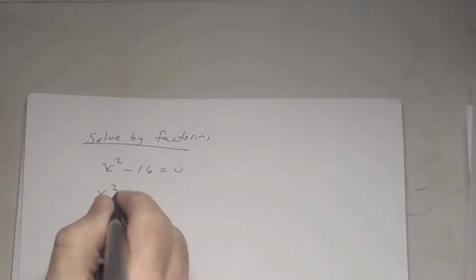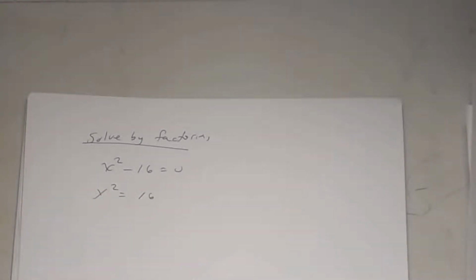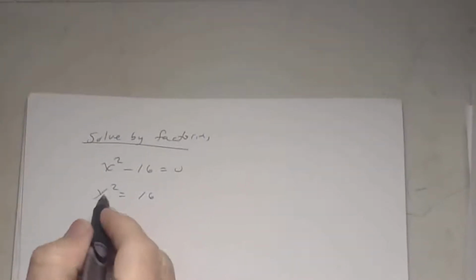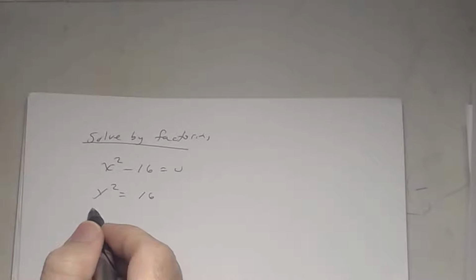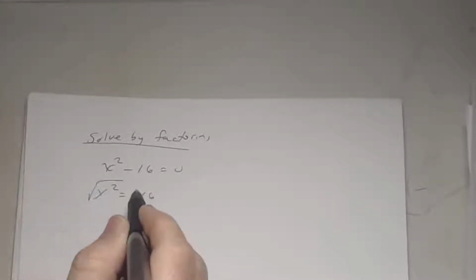What some of you did was you brought the 16 to the other side. So you said x squared equals 16, right? And then you took the square root of both sides. That's what you did. Because the opposite of squaring is to do what? Square root. So you took the square root of both sides.